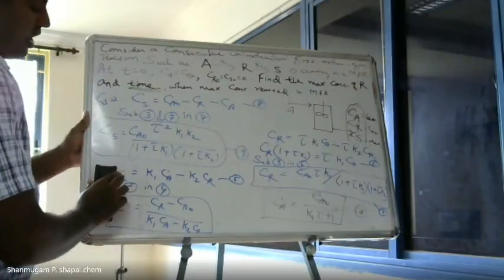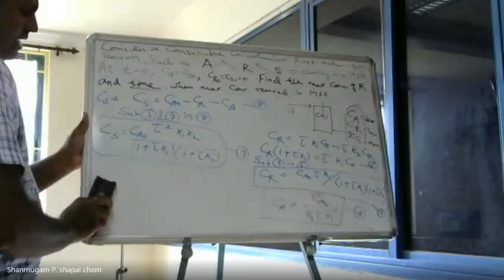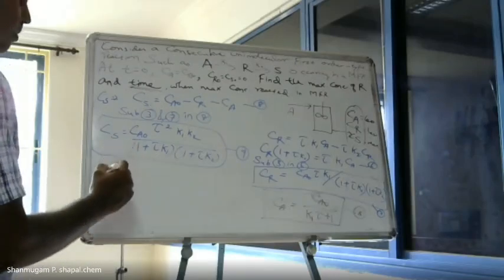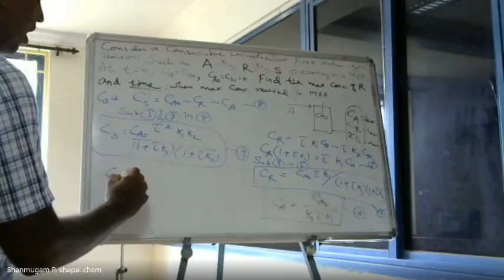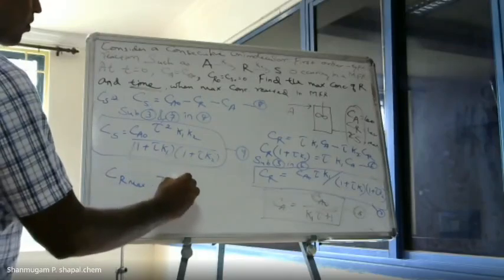So what did they ask there? They asked to find the maximum concentration of R. That means you have to find CR max and tau max.